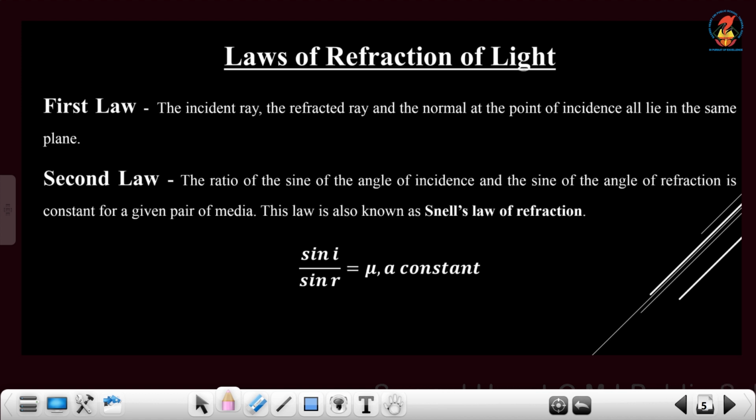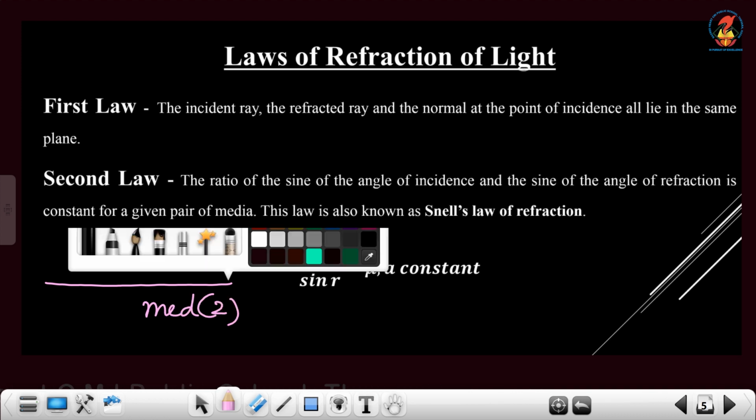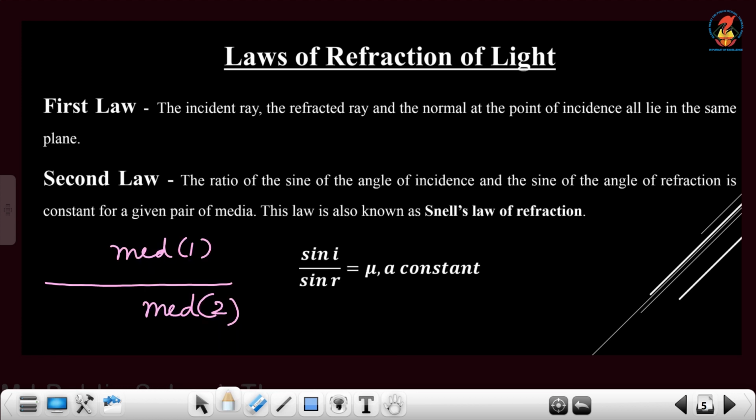Laws of refraction. Now, imagine this is medium 1, this is medium 2. A ray from medium 1 is incident on medium 2, then this is the normal, and here it is getting refracted.